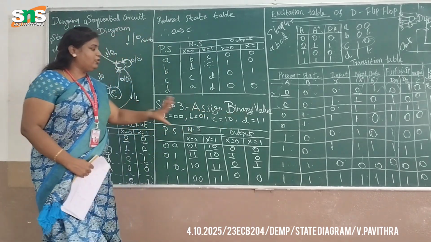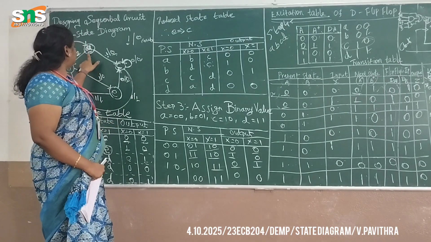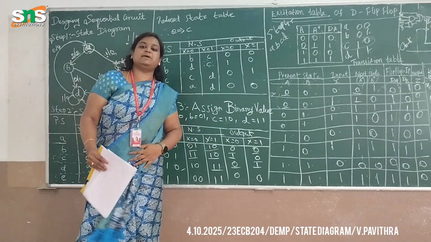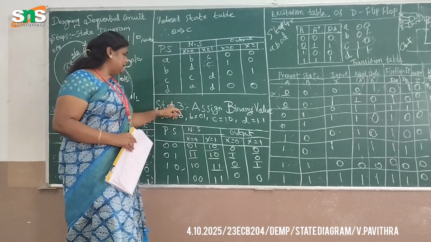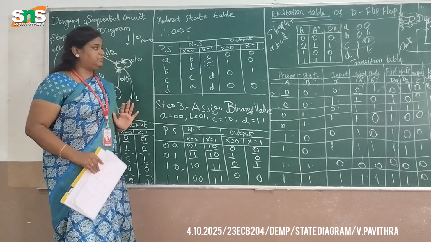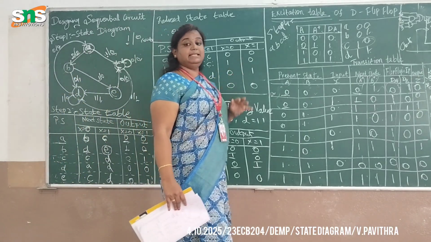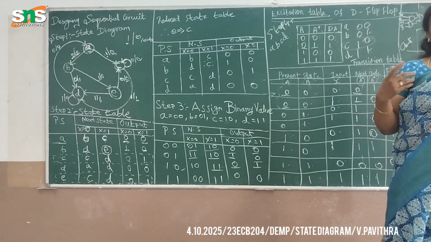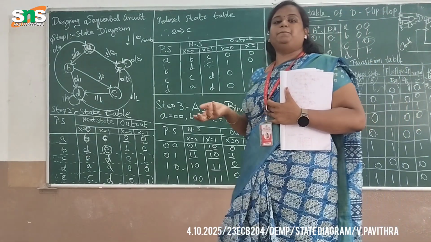Why are we going for assigning the binary value? Because here the states are A, B, C, D, and digital electronics is based on binary values. So step 3 is assigning the binary value, and step 4 is the excitation table, which is according to our flip flops.